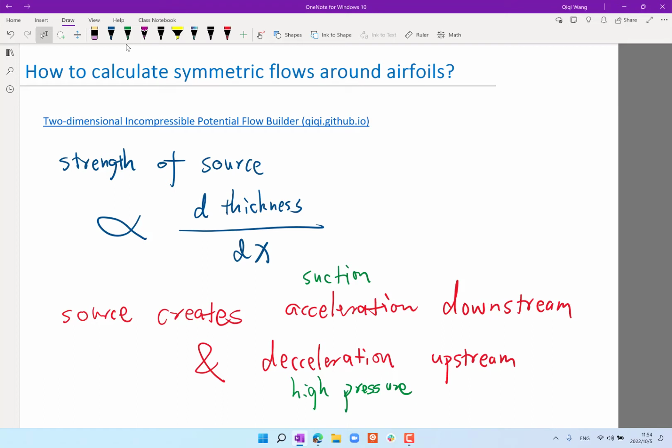But it changes the pressure distribution in a non-local way. Okay, so it affects a range. If you increase the strength of a source, it decreases the pressure on the range downstream. It increases the pressure on the range upstream. Okay, so a local effect on the shape, non-local effect on the pressure.